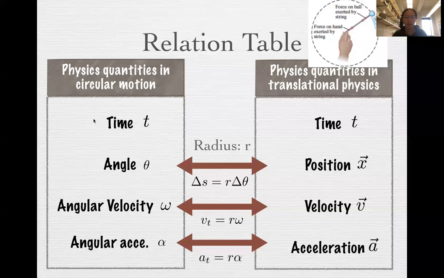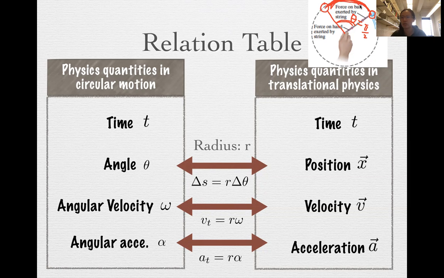Once I figure out the angle, for example when my ball goes from here to here and the angle is theta, say this is 90 degrees or pi over 2, then how do I know the linear displacement in the tangential direction?